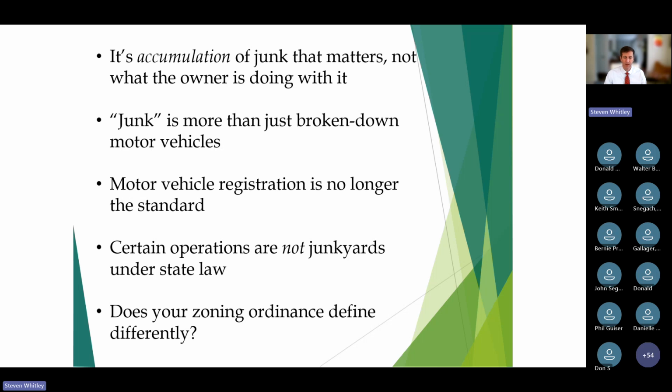That's why a lot of communities, even though it's regulated at the state level, have their own junkyard regulations that they can use to enforce, in addition to the state level violations.